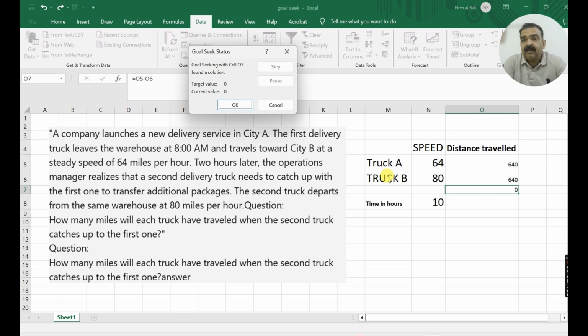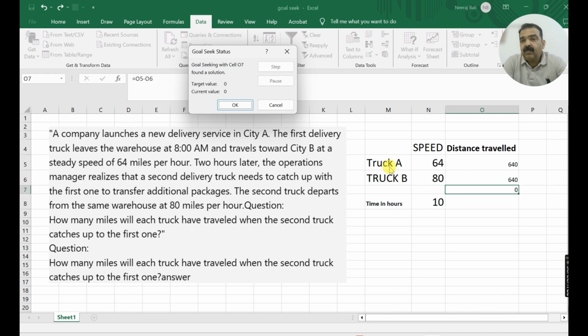Truck A and truck B will meet each other because the gap has now become 0. And what time will they reach? After 10 hours, they will meet each other.